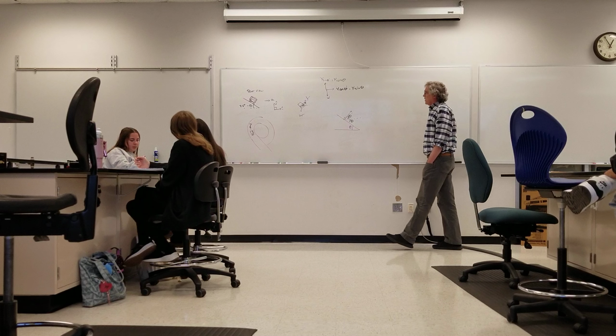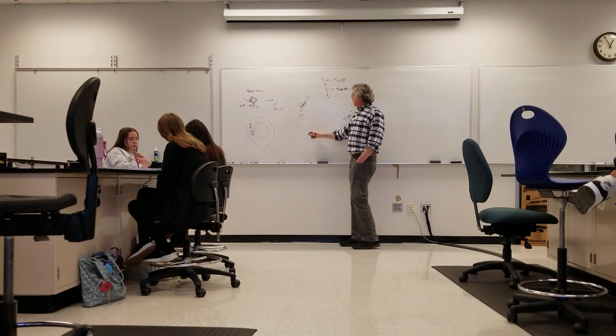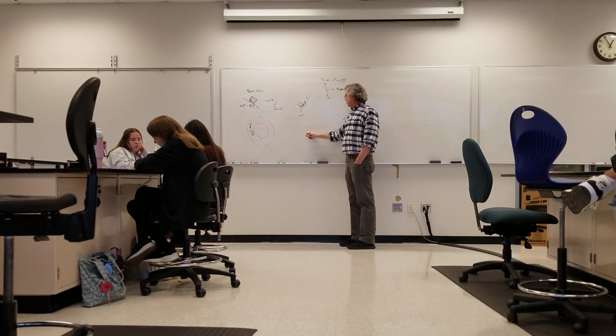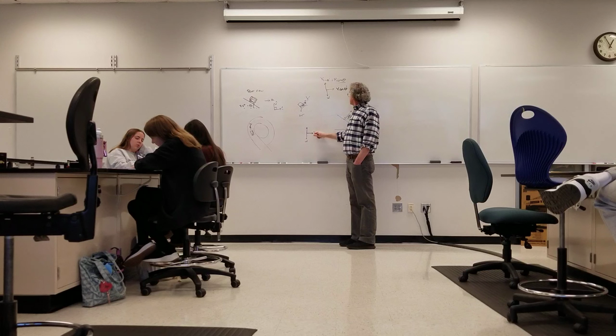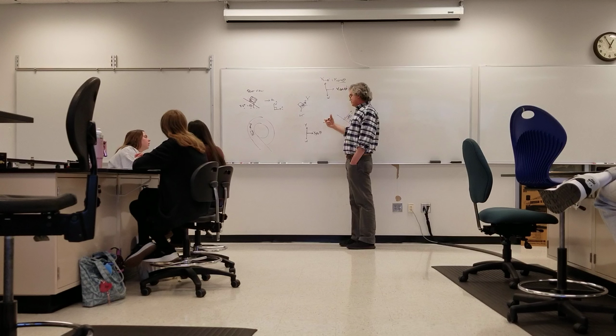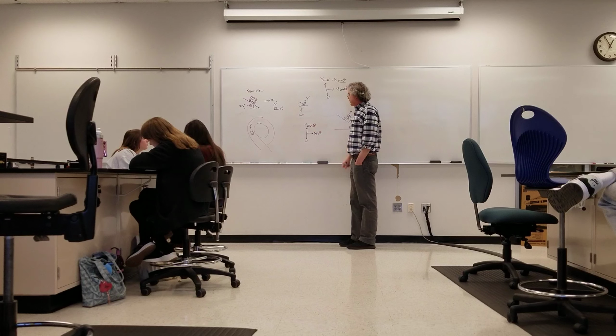May as well just stick with theta, that one and that one. So we have now simplified: I've got weight acting down, N sine theta acting parallel to the Earth, or whatever planet it is, and then N cosine theta going up.